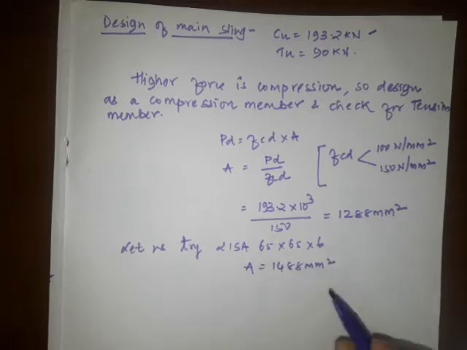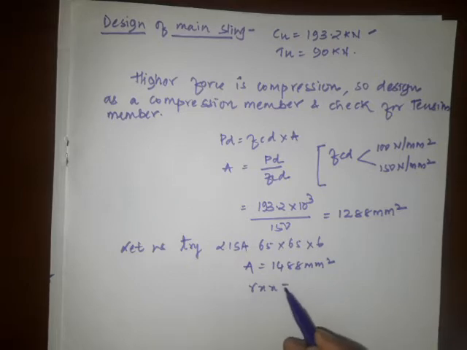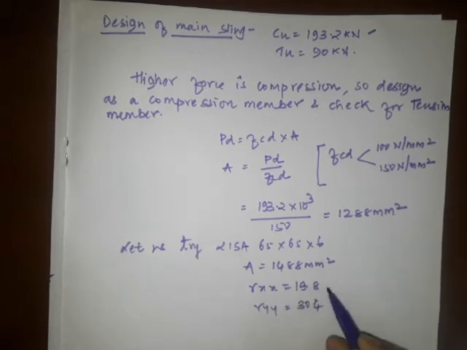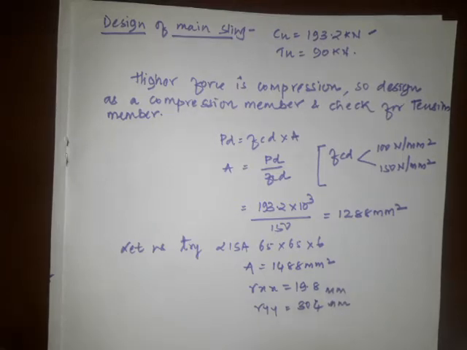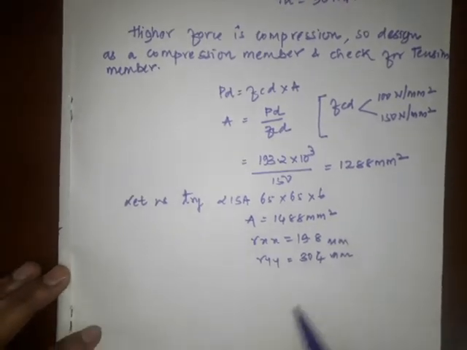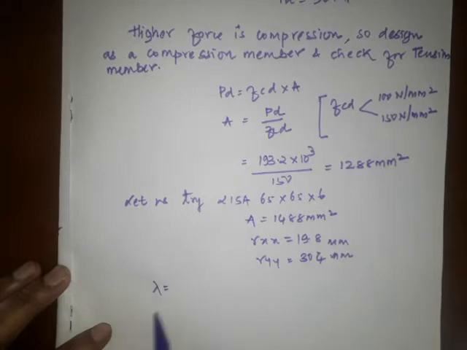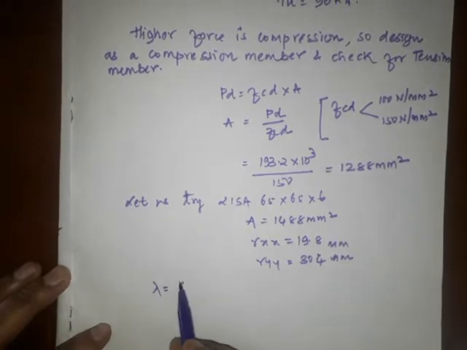The radius of gyration RXX is 19.8 and RYY is 30.4 mm. Therefore you have to find out the value of lambda. Lambda is equal to KL by R minimum.